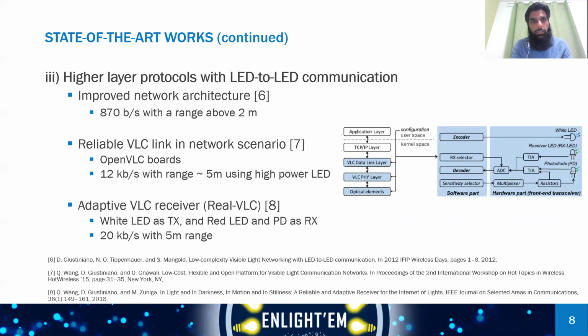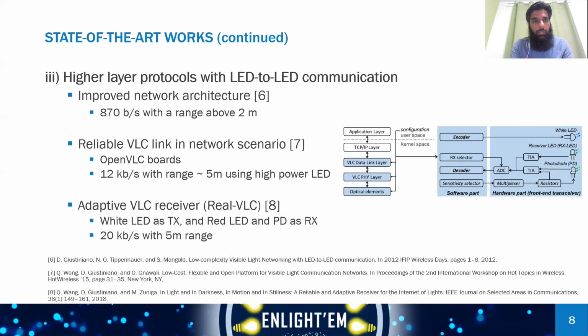Then there are some works which are based on higher level protocols. Authors of [6] explored the network architecture with a software-based physical and medium access control layer using very low-cost microcontrollers and LEDs. They claimed to achieve a data rate of 870 bits per second with a range of about 2 meters.